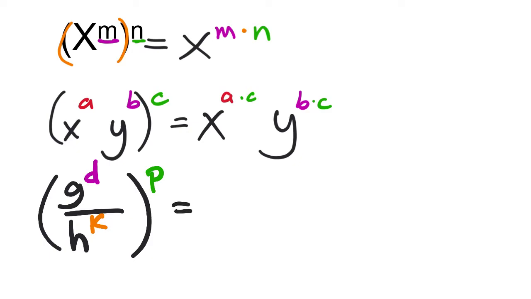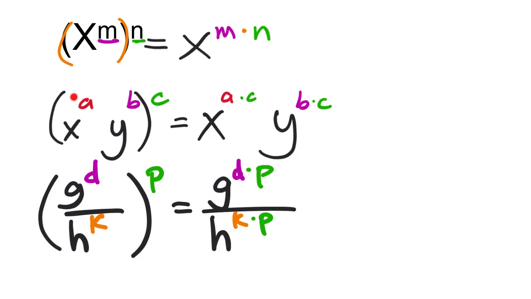All right? Well, again, the bases would stay the same, g and h. But the base g would keep that power of d, but you'd have to multiply it by the p on the outside of that parentheses. And the base h would keep that exponent of k, but again, multiply it by the power of p. So it doesn't matter, even if there's multiplication or division inside the parentheses, whatever exponent is on the outside is still going to be multiplied by every one of those exponents on the inside of the parentheses.